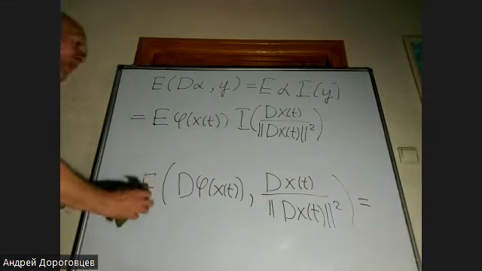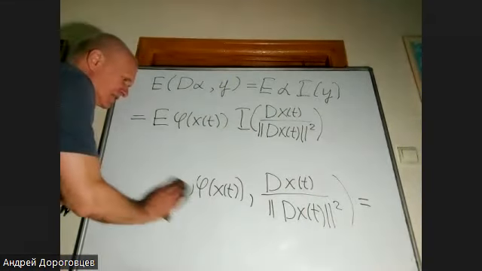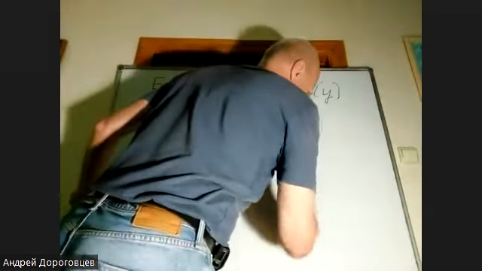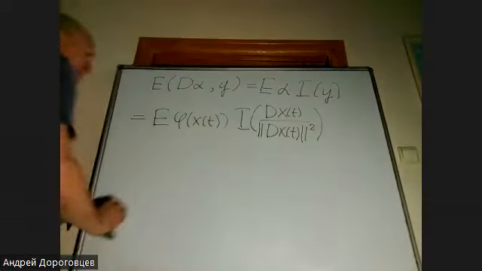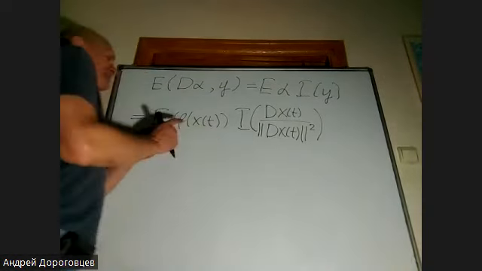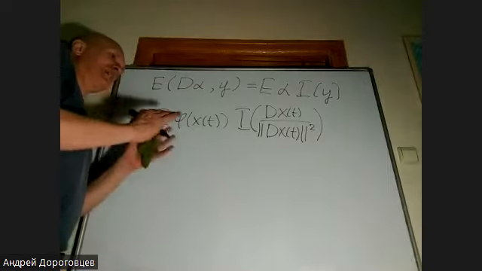Okay. So the further steps are very common, trivial, because we can continue recalling that phi is bounded.